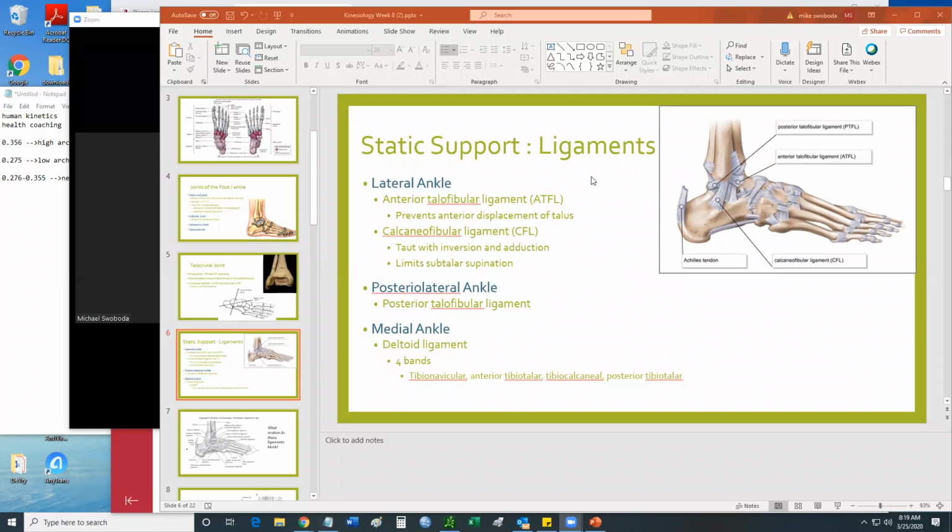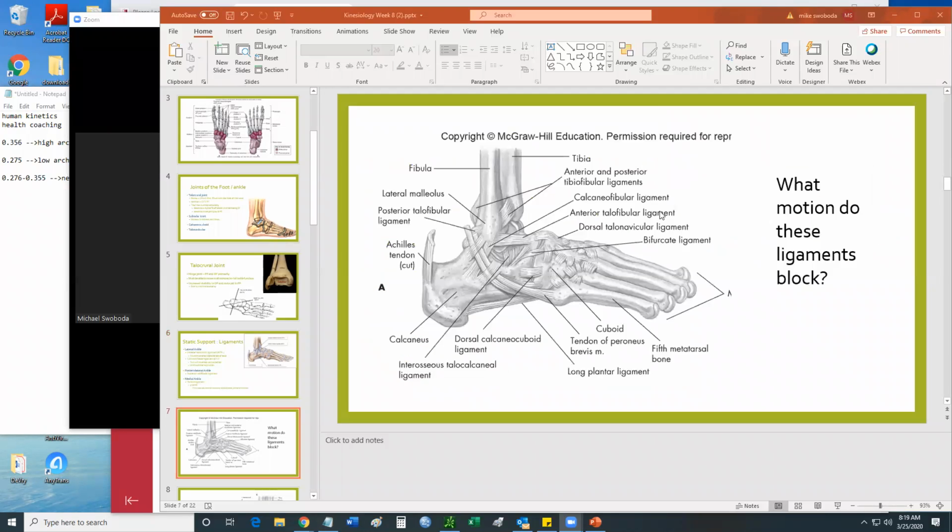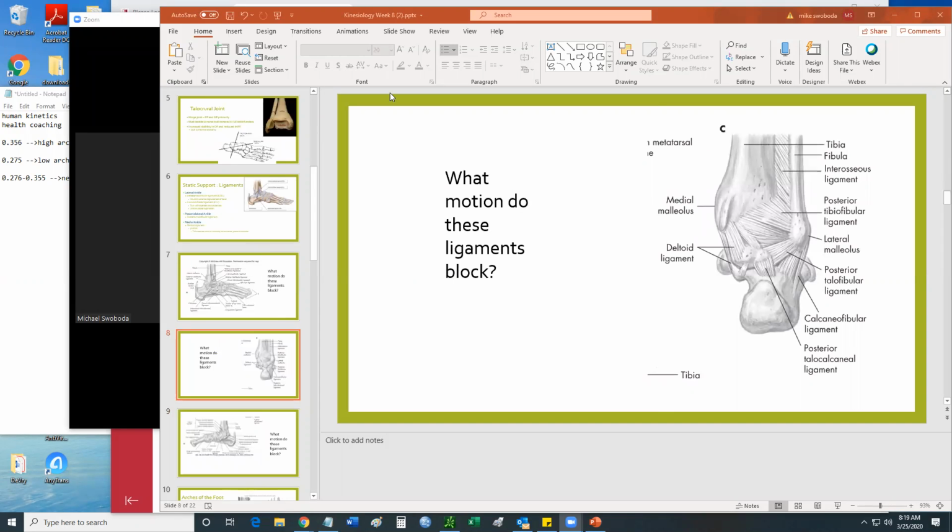And then your deltoid ligament, here we go, which is right here. This is what's connecting your tibia to your foot. So the deltoid doesn't follow the rule that tells the name of everything, but if you remember that fibular is lateral, then deltoid would have to be medial.